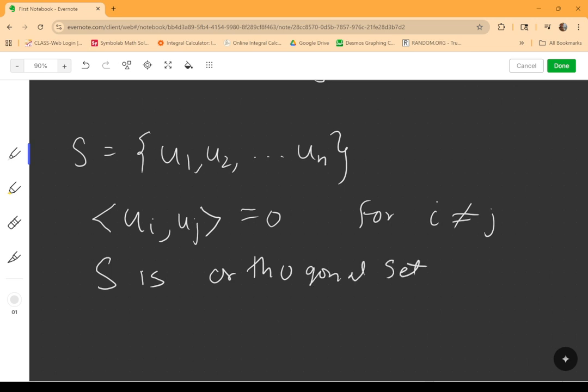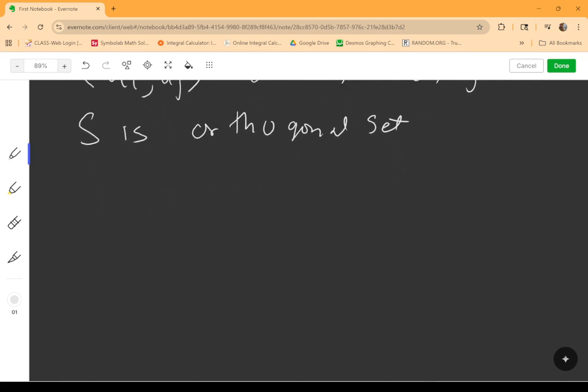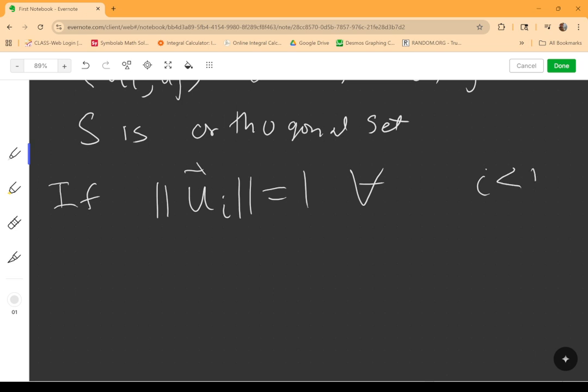Now, in addition to S being orthogonal, if I add the extra condition that the norm of ui is equal to 1 for all i from 1 to n, in other words, the length of each one of those is 1, then S is an orthonormal set.